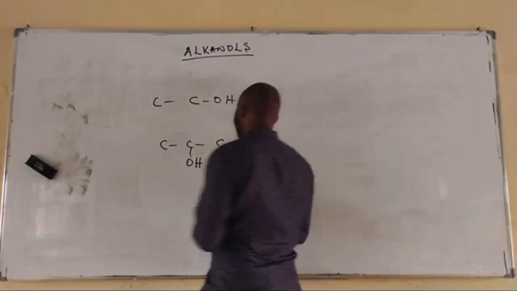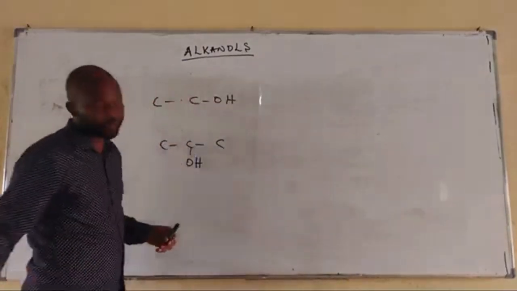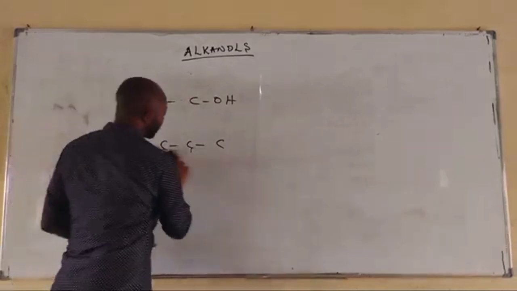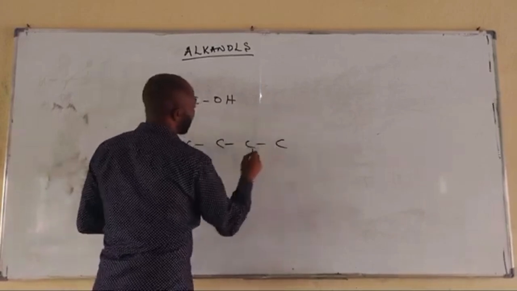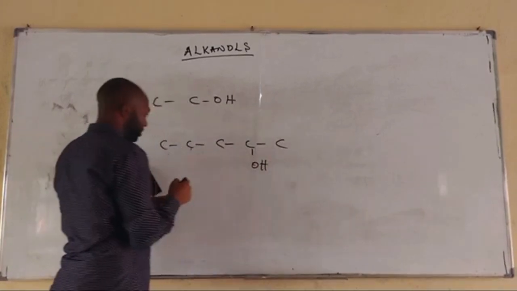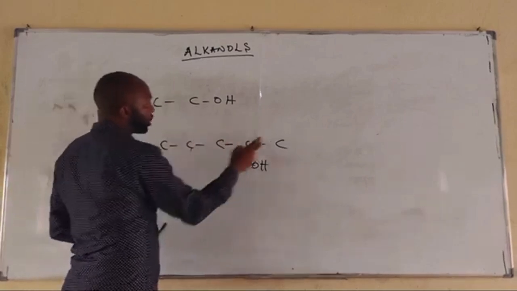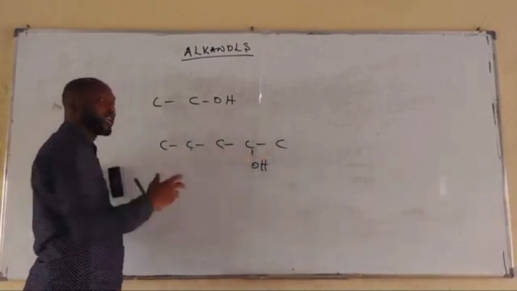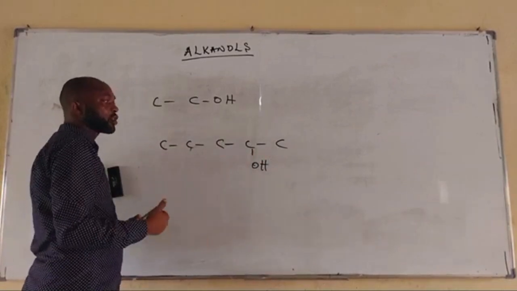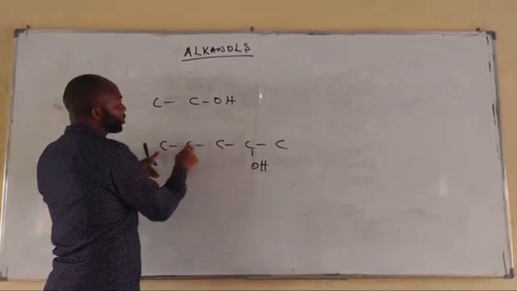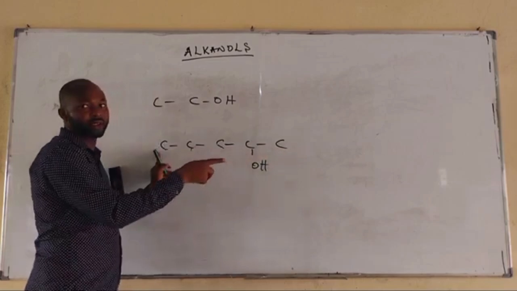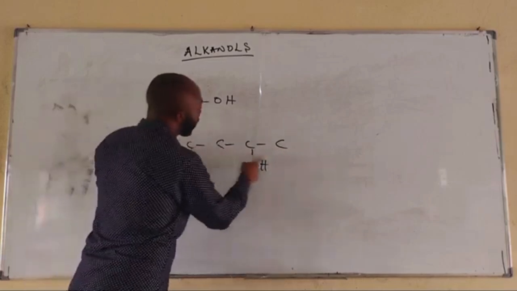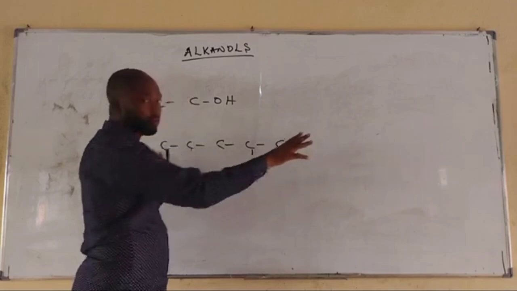What am I saying in essence is this. If I have something like this, my OH is here. My parent chain, of course, is 1, 2, 3, 4, 5, pentane. But in the course of my naming, I cannot say 1, 2, 3, 4. I cannot say 4 hydroxyl pentane or 4 pentanol.